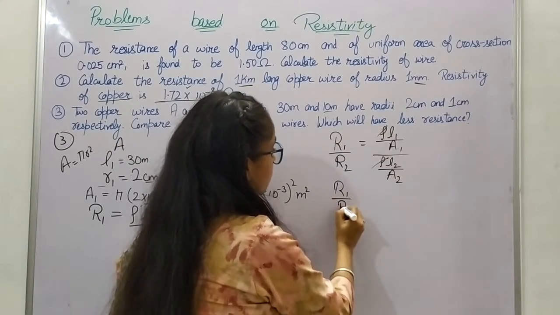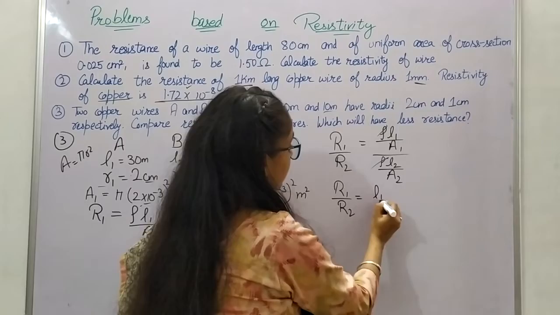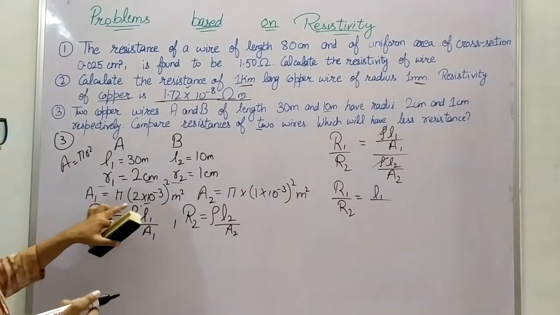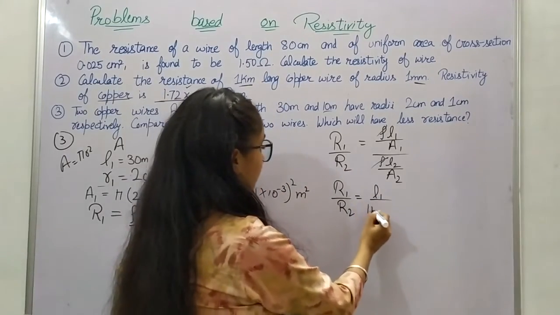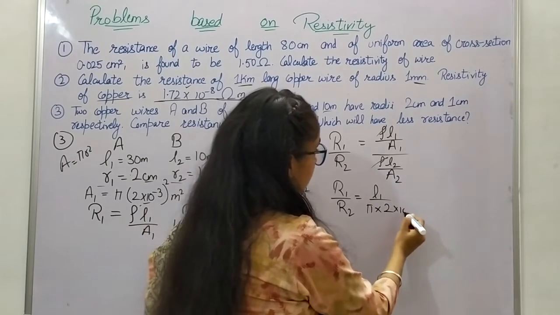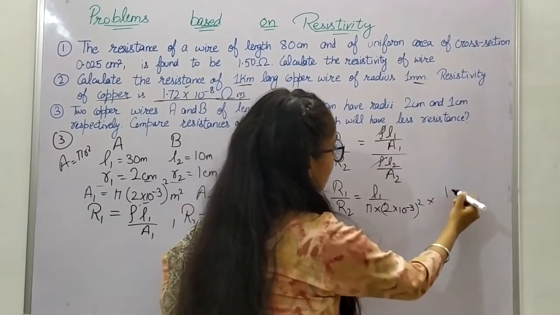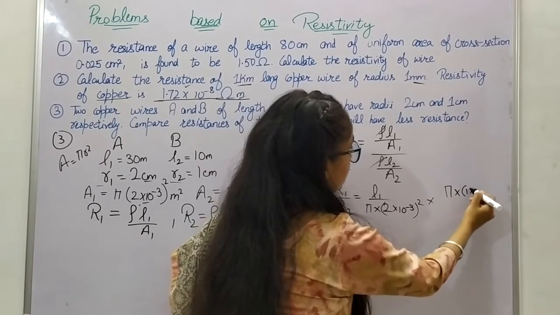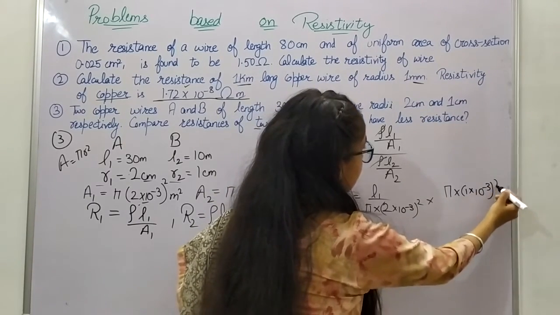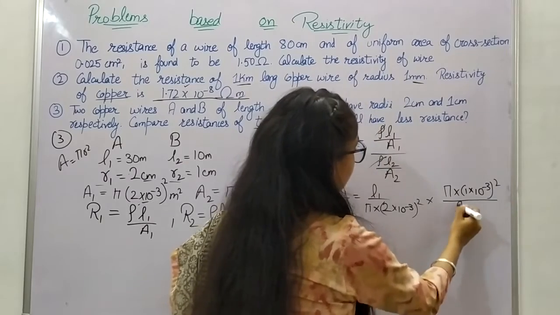R1 over R2 equals L1 over A1, where the value of A1 is pi into 2 into 10 to the power negative 3 squared, similarly over pi into 1 into 10 to the power negative 3 squared over L2.